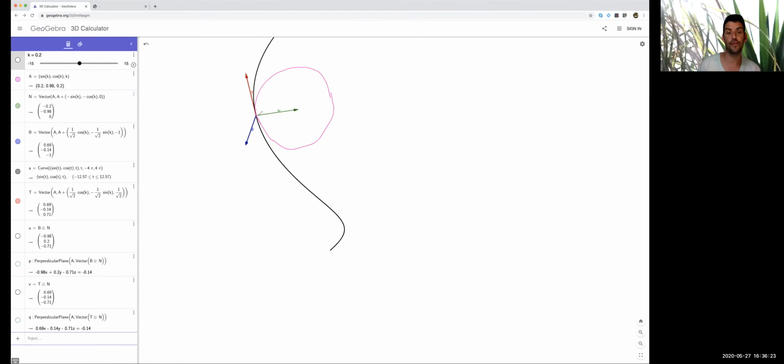This is a circle that would have the exact same unit tangent at this point, and its curvature would be exactly the same as the curvature of our curve at that point. They would share curvature. The curvature would be 1 over the radius of this circle, right?